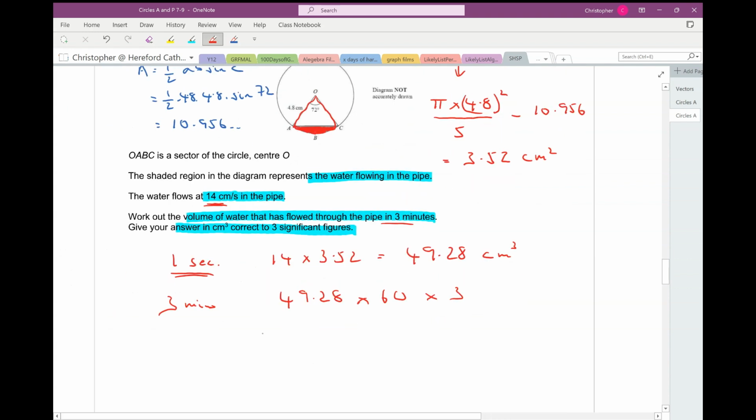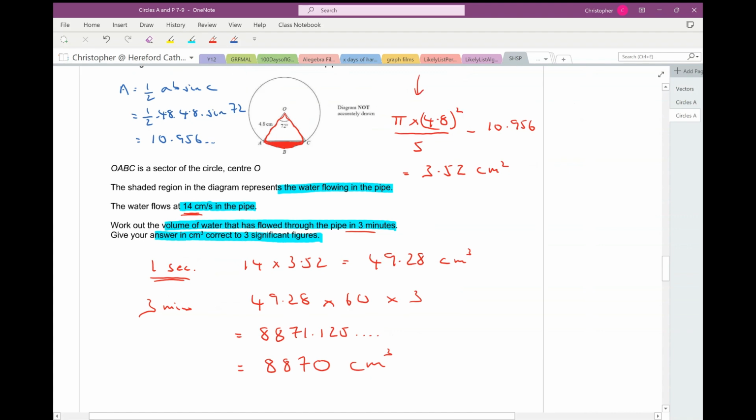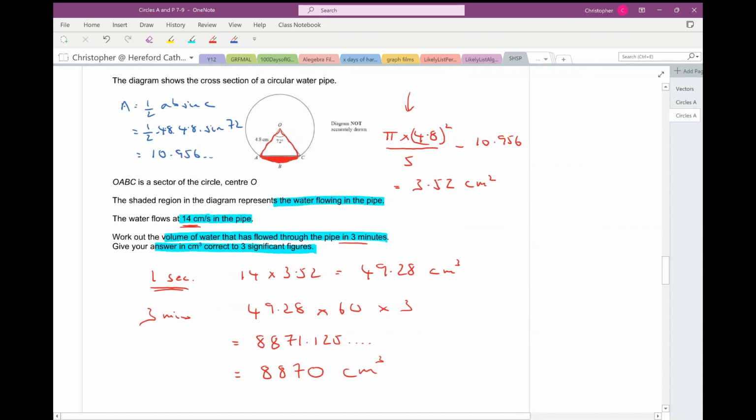So if I put that into my calculator, I get the answer 8,871.125 and so on, and I'm asked to give the answer correct to 3 significant figures. So the answer is 8,870 cubic centimetres. That's the volume of water that flows through the pipe in 3 minutes.